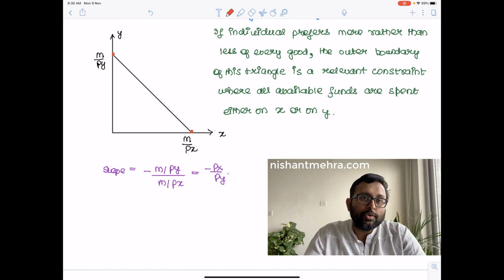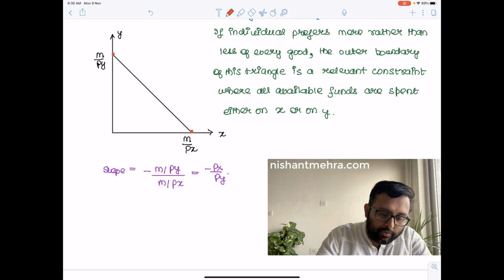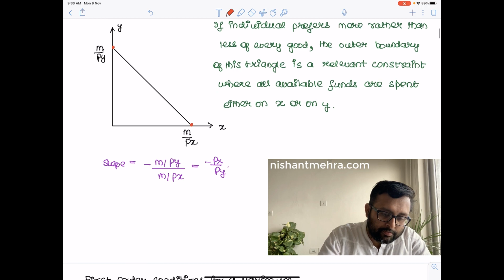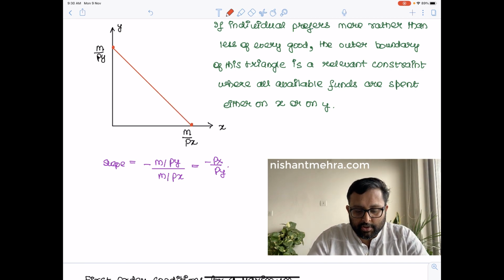So he would want to consume more, and the maximum he can consume is on the boundary of the budget constraint, right? This is the boundary of the budget constraint.